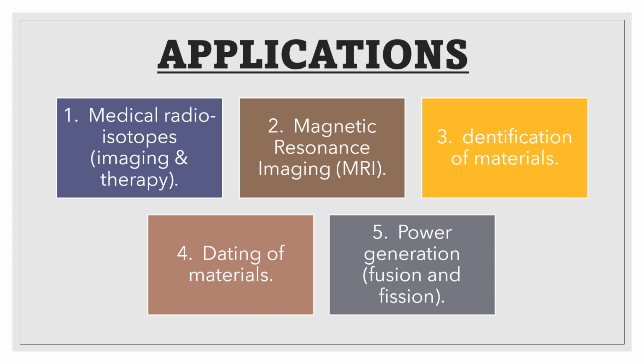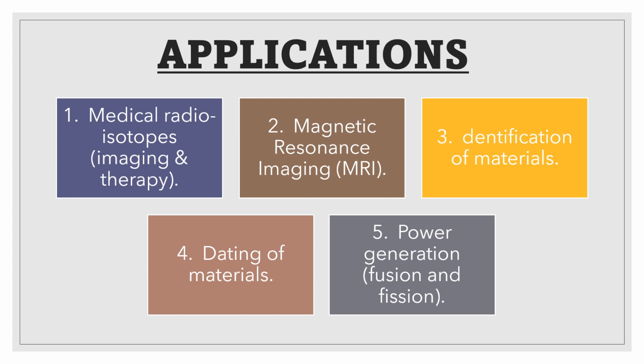Now we'll show the applications of nuclear physics. It's mostly used in medical radioisotopes for imaging and therapy. Also in hospitals, we have seen that our doctors tell us to do MRI, magnetic resonance imaging. Here also nuclear physics is used.